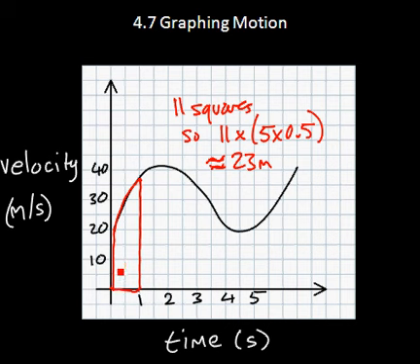Just by counting the squares and recognizing that each square is not one, but you've got to count how many meters per second along the edge it is and how many seconds it is along the other edge. So you've just got to keep an eye out for that, but you can estimate the distance you've traveled just by the area under the graph.